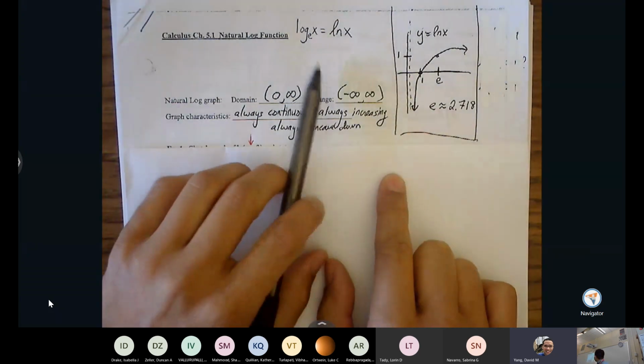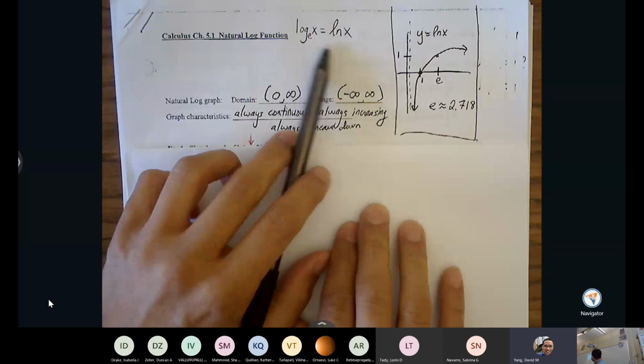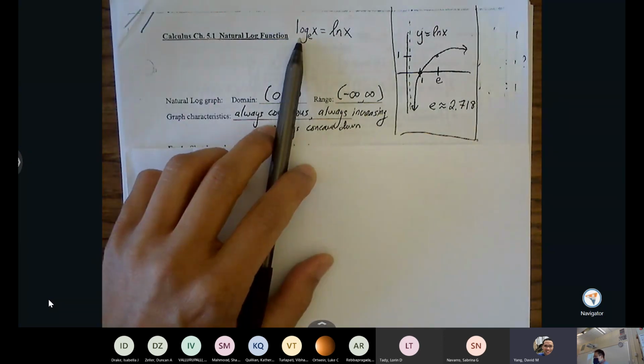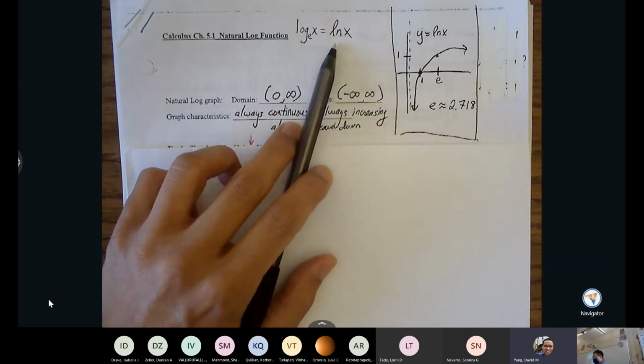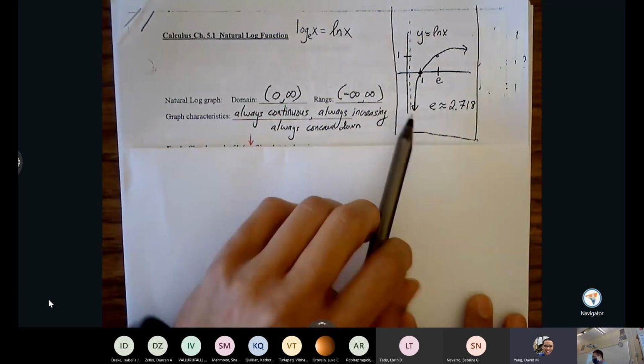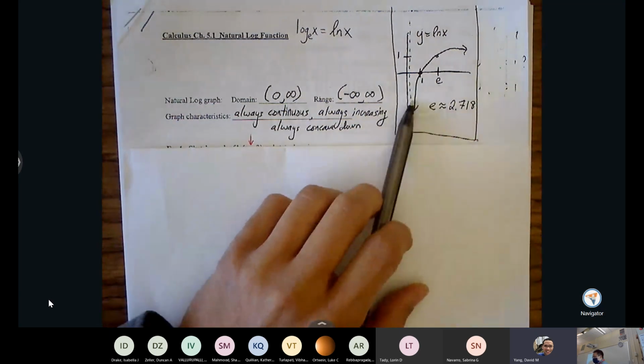All right, so to introduce log functions, they are inverse functions of exponential graphs. And we start off with natural log, base e, because it's kind of the simplest, kind of like the parent graph.